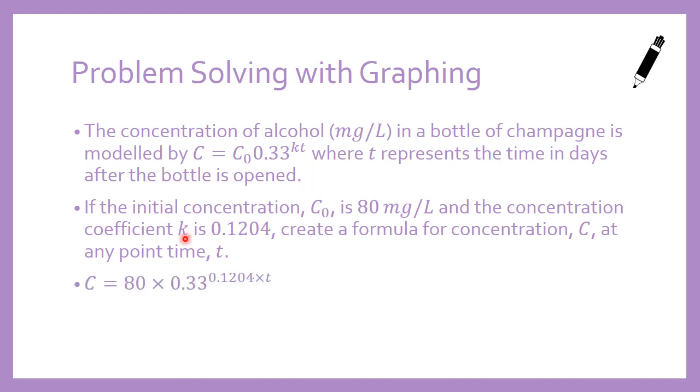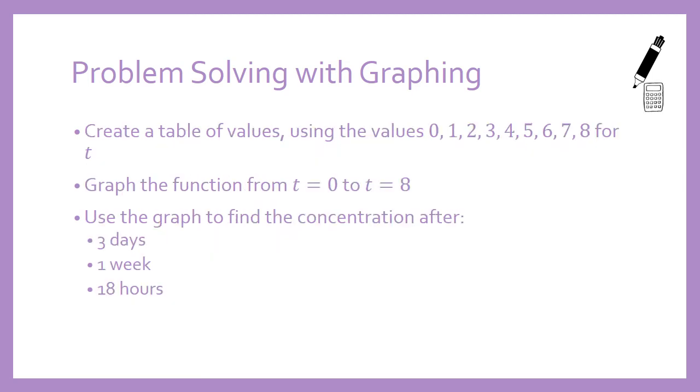And this is the equation that you should have. C equals 80 times 0.33 to the power of 0.1204 times T. Now I want you guys to create a table of values using the values 0, 1, 2, 3, 4, 5, 6, 7, 8 for T. Then I want you to graph the function from 0 to 8.